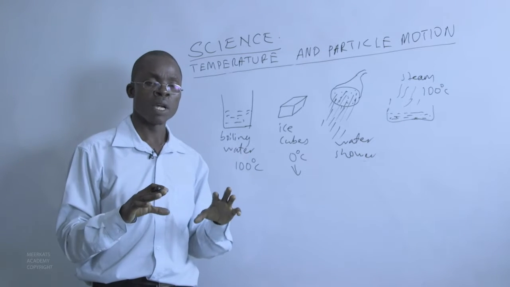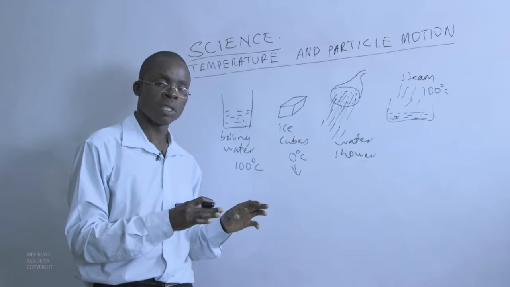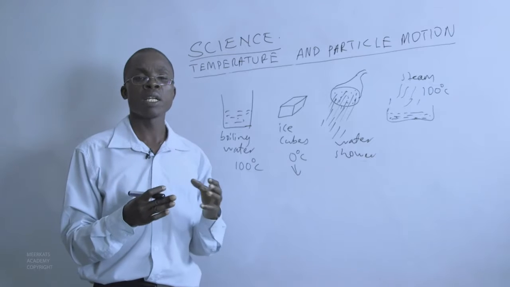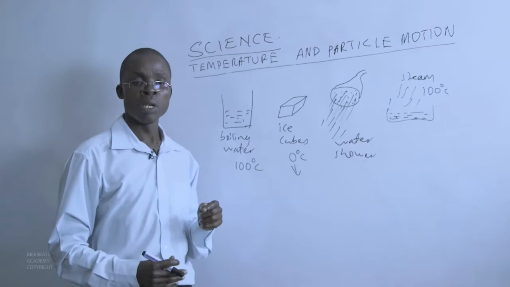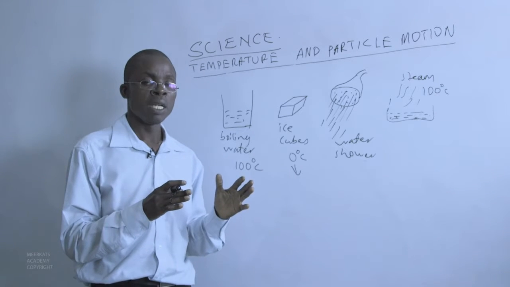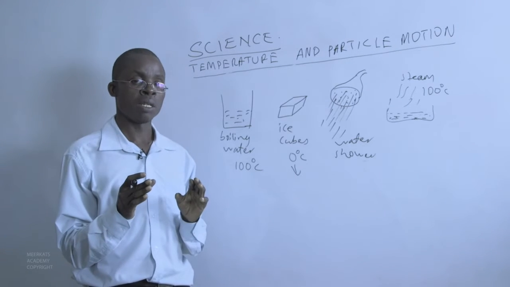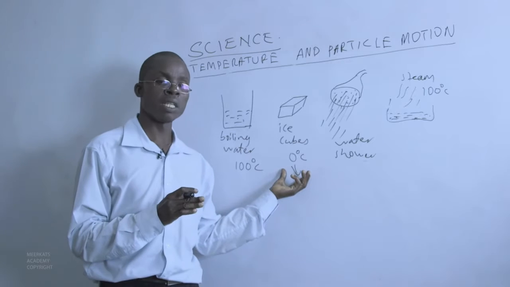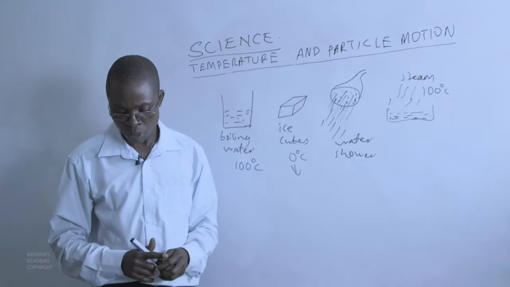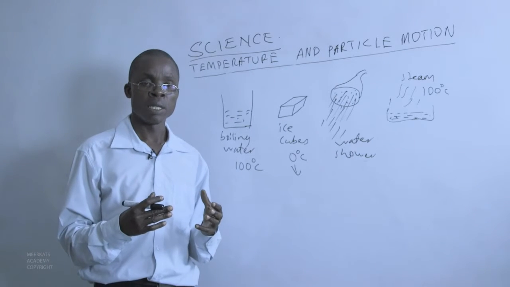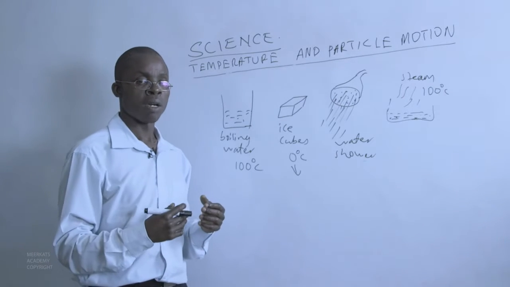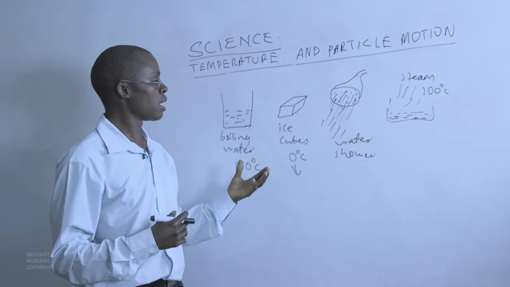Look at the amount of kinetic energy the particle has, or look at the rate at which the particle is moving. For the first question, we have been looking at temperature in terms of movement, where we have said this one has the least movement. In this present question, it is asking us to look at kinetic energy, which is the other factor.